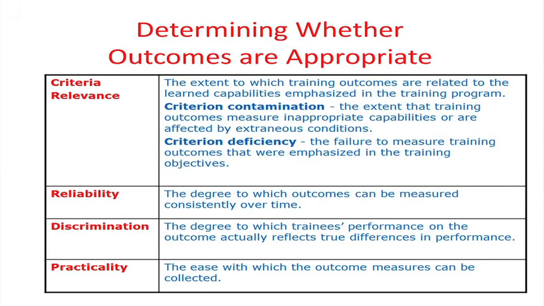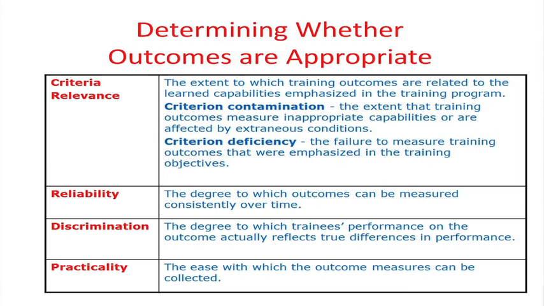Now, you have to see whether outcomes are appropriate or not. So, you need to identify certain criteria in terms of relevance, reliability, discrimination, practicability. The first criterion is relevance. Relevance in the sense of whether training outcomes or the capabilities are really required by the people to perform well or not.